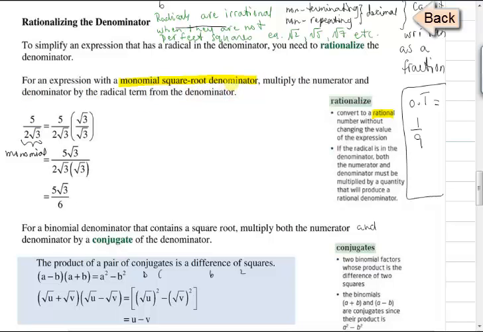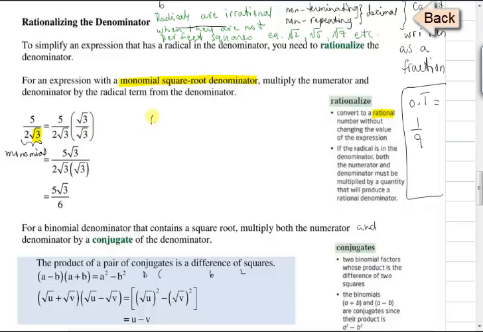What is the radical term in our denominator? It happens to be the square root of 3. So I would be multiplying the numerator by root 3 and the denominator by root 3.